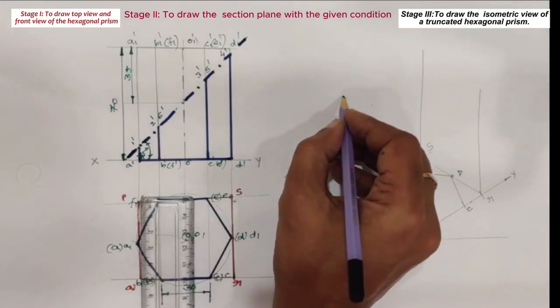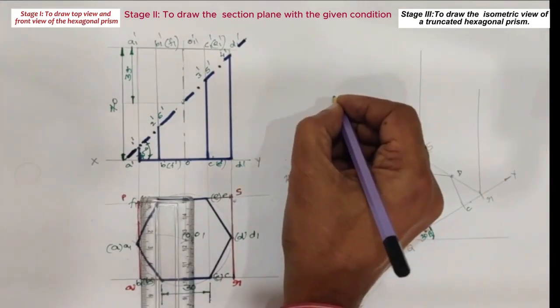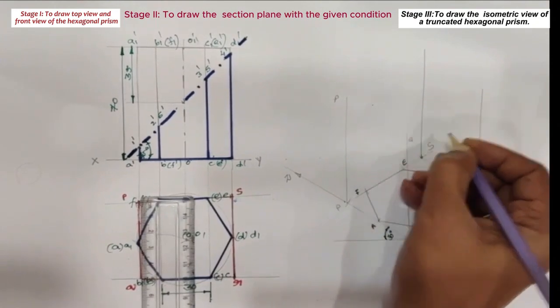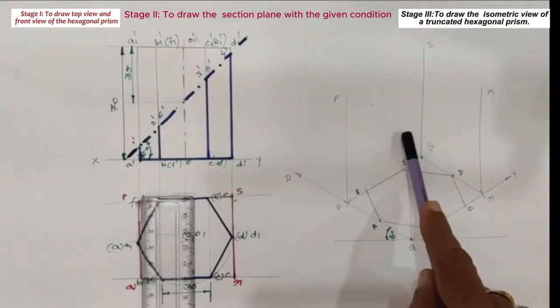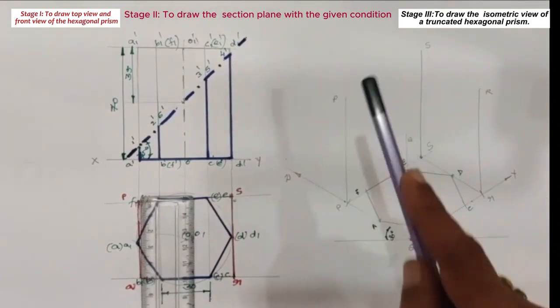And then name these points, say P, Q, R and S. Then join PQ, QR, RS and SP.